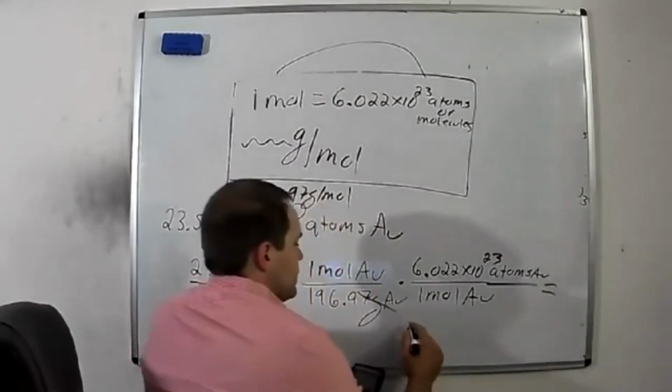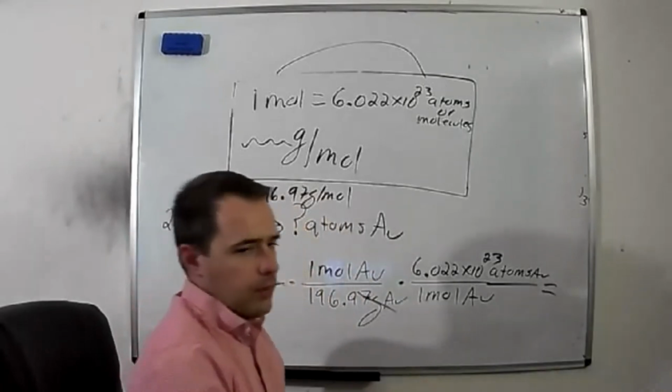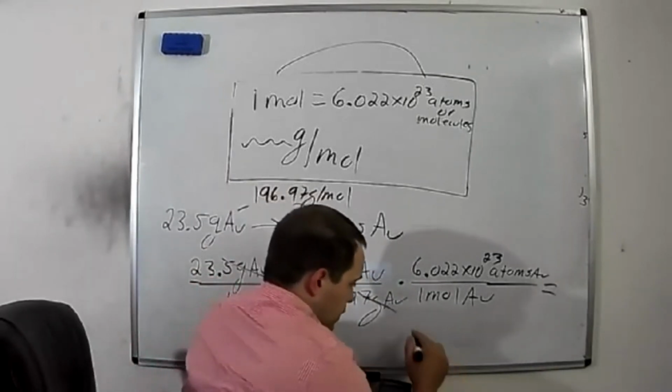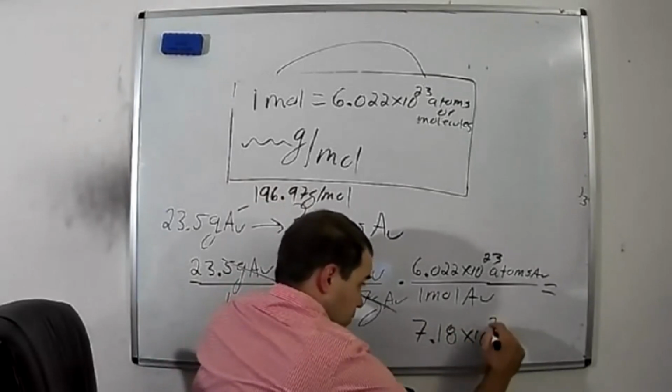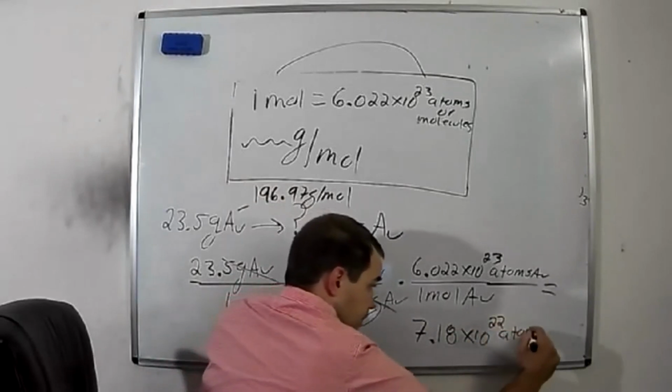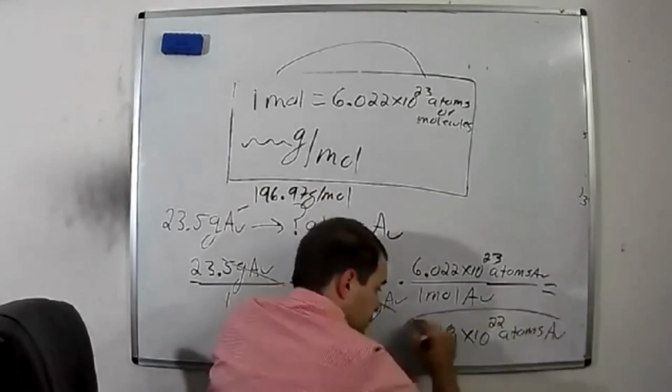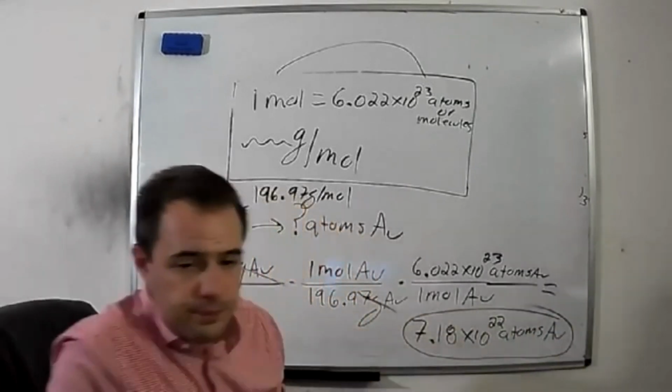And your calculator should tell you the great grandmother's ring that you're about to hawk has 7.18 times 10 to the 22nd atoms of gold in it. There you go.